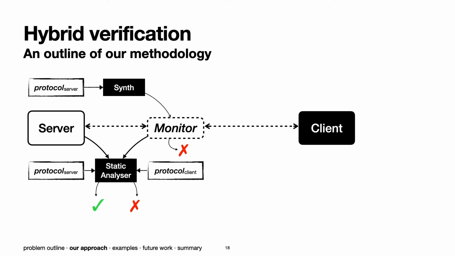Before proceeding, let's recap our proposed design. Given the protocol of the server, the synthesizer synthesizes a monitor which sits between the server and the client, forwarding messages sent by each of the parties. The implementation of the monitor and the server are passed through the static analyzer, which tells us whether the server violates the protocol, and if not, guarantees that the server is implemented according to the protocol.